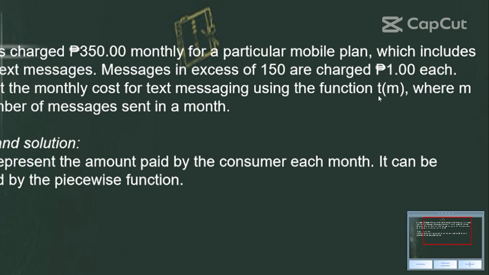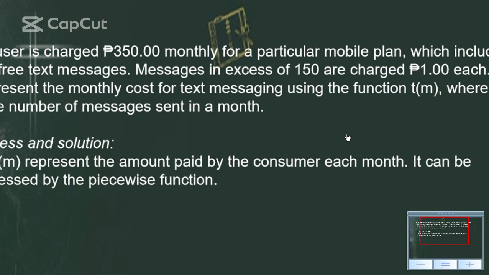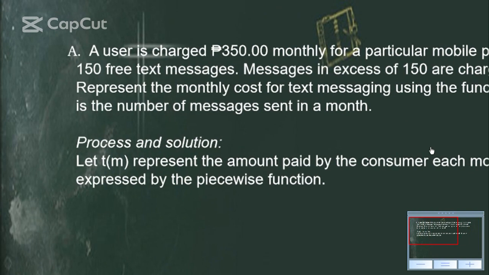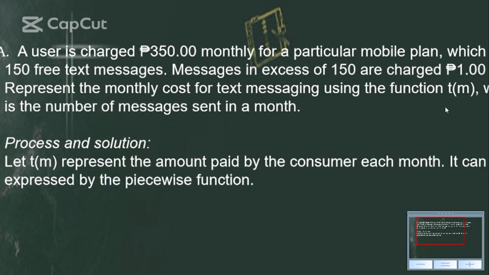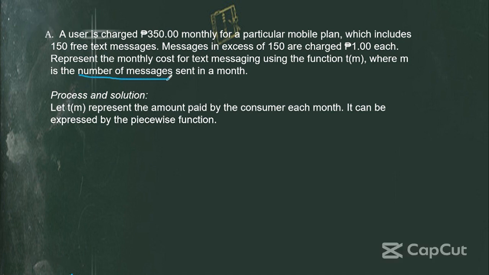So, T of M represents the amount paid by a consumer, like me if I'm the user, in one month, using a piecewise function. And M represents the number of messages you sent in a month.